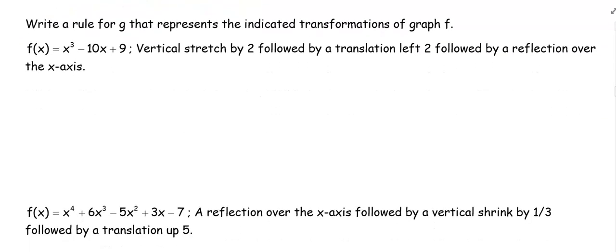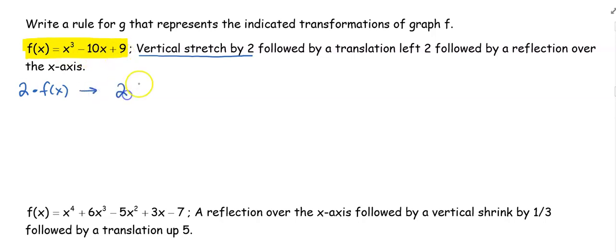Write a rule that represents the indicated transformations. This time, we are not starting at the parent function. I'm starting at x cubed minus 10x plus 9. The first thing we're going to do is a vertical stretch by 2. And remember, this means that I take 2 and multiply it by whatever function I'm currently at, which is x cubed minus 10x plus 9.